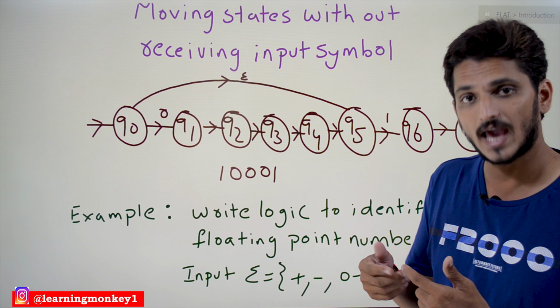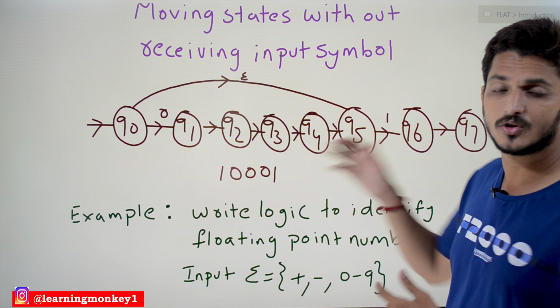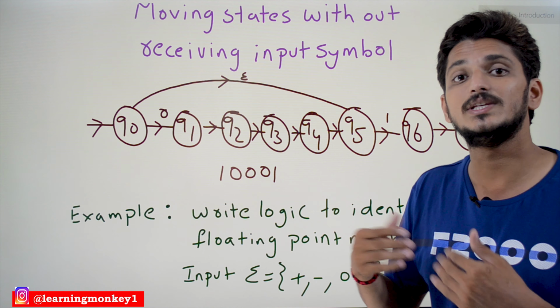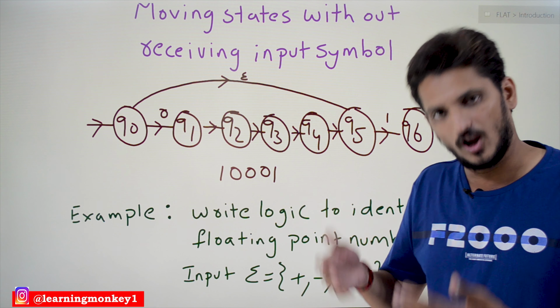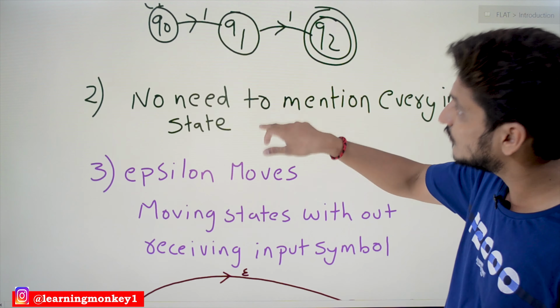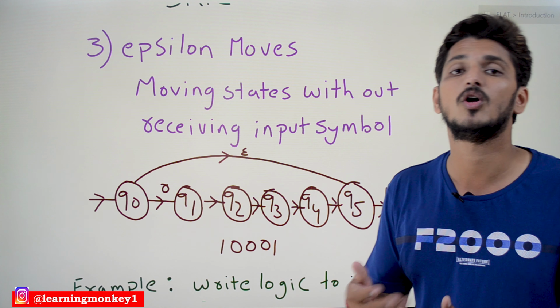Whichever matches, that machine is going to continue, and the remaining ones die. We get that flexibility using epsilon moves, along with the two NFA conditions.